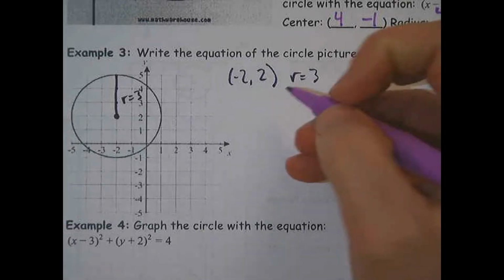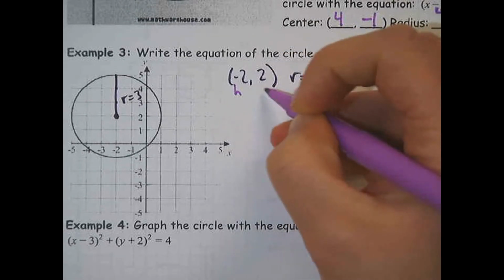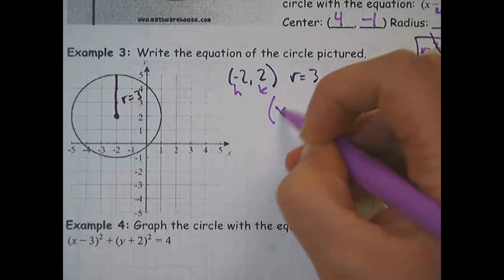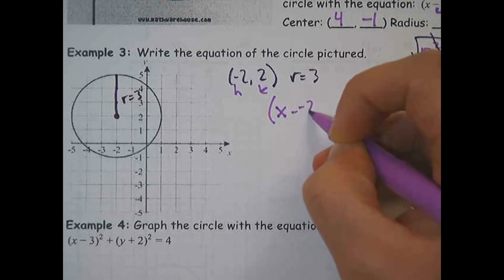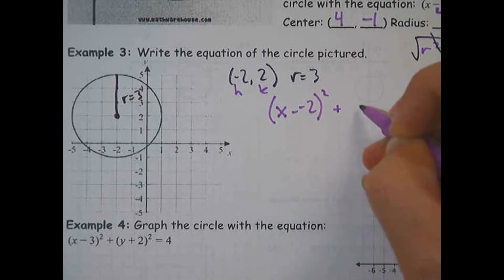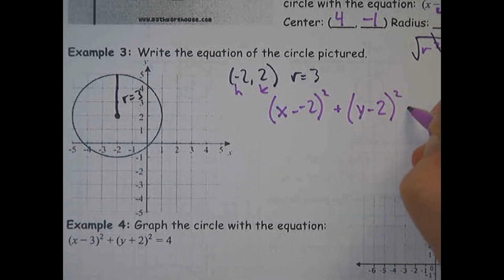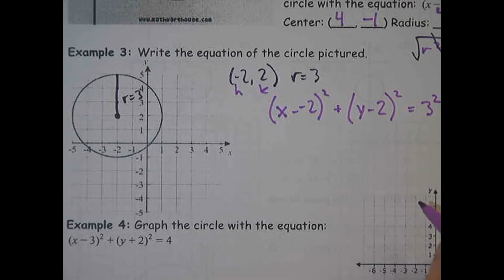So now, this is my h, this is my k. So we have x minus h, so x minus -2, plus y minus k, so y minus 2, equals your radius squared, so 3 squared.